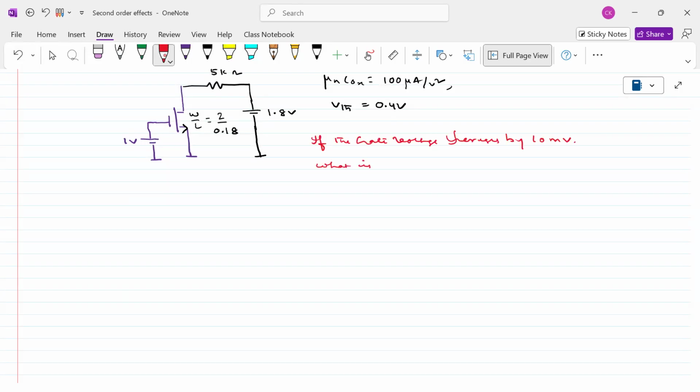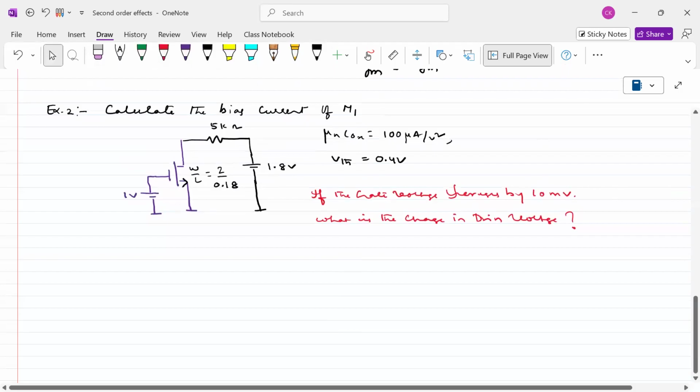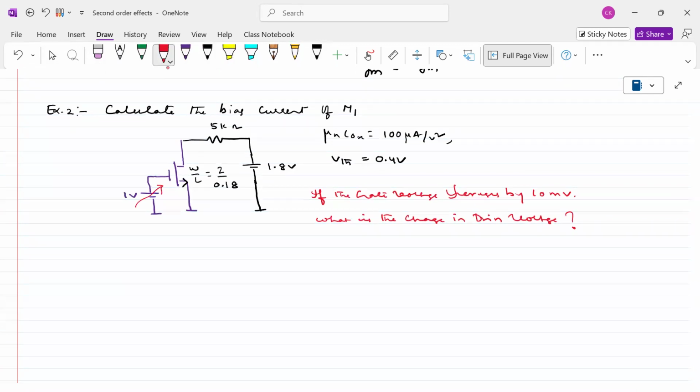What is the change in drain voltage? Did you get this point? The question is that something I have given there. I am changing this value to what? 1 volt plus. I'm changing this 1 volt by adding 10 millivolts here.